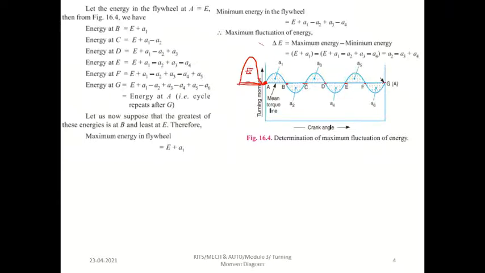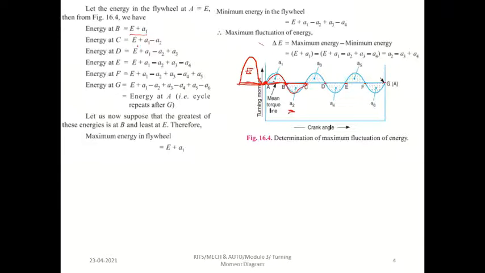So in this case, when we reach A to B, at this time we are getting some energy. So E plus A1. But when we go from B to C, we are spending some energy. That is A2, the area A2.